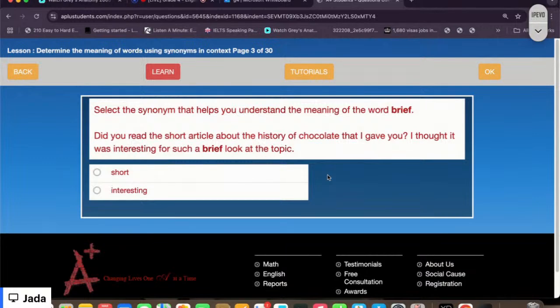So short or interesting, what do you think? So we have what? Short.